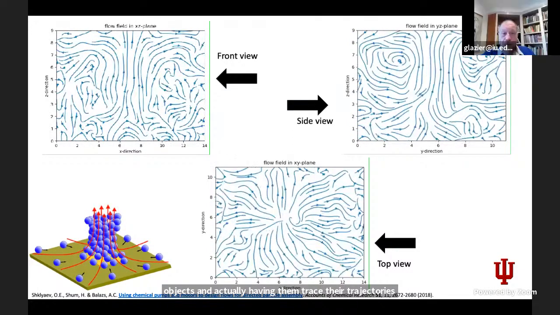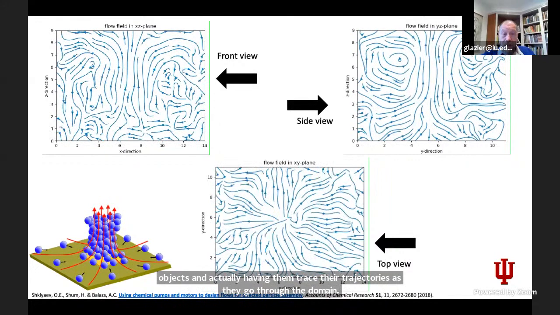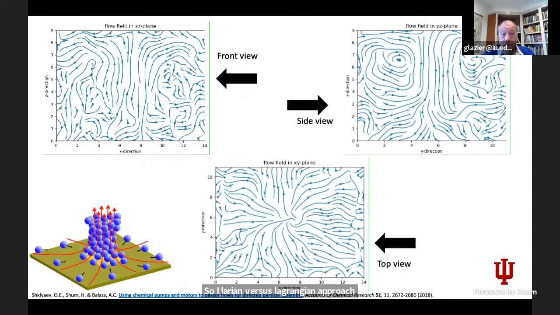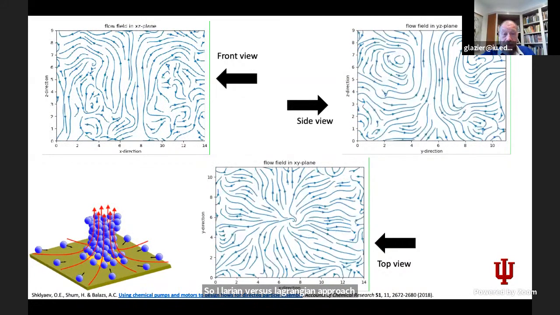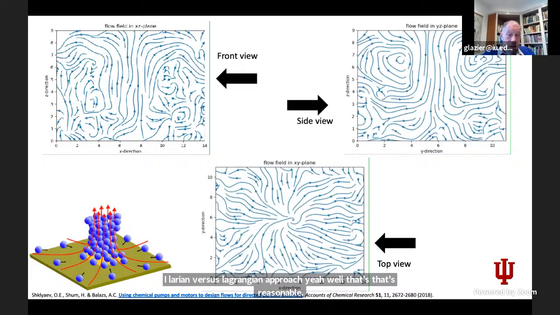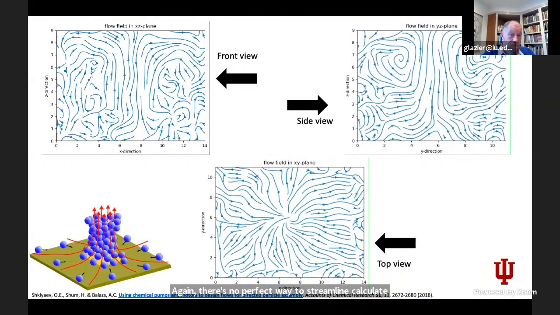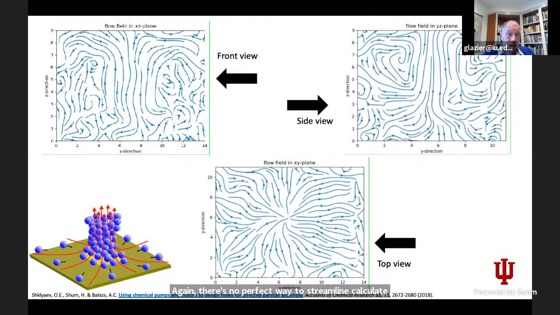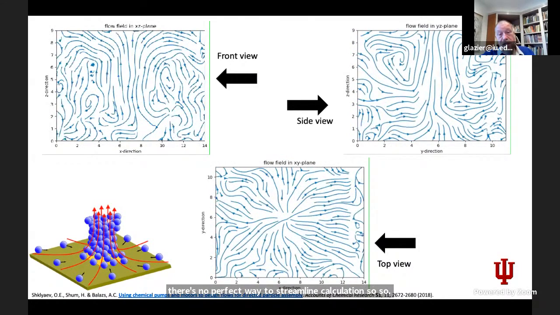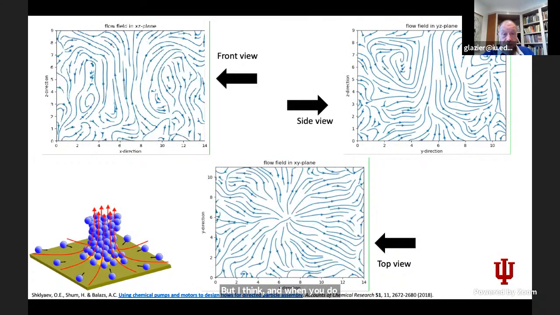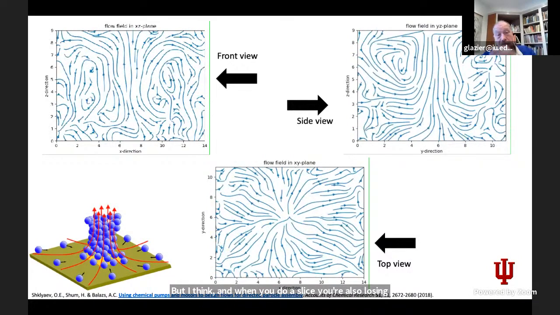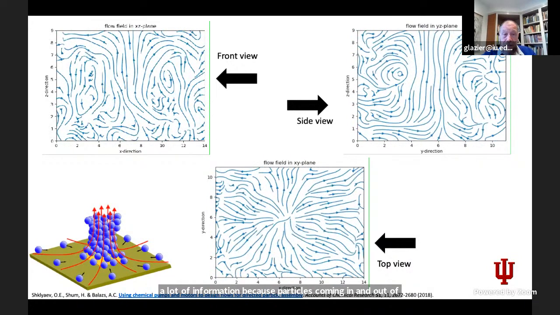So Eulerian versus Lagrangian approach. Yeah, that's reasonable. Again, there's no perfect way to do streamline calculations. And when you do a slice, you're also losing a lot of information because particles come in and out of plane.